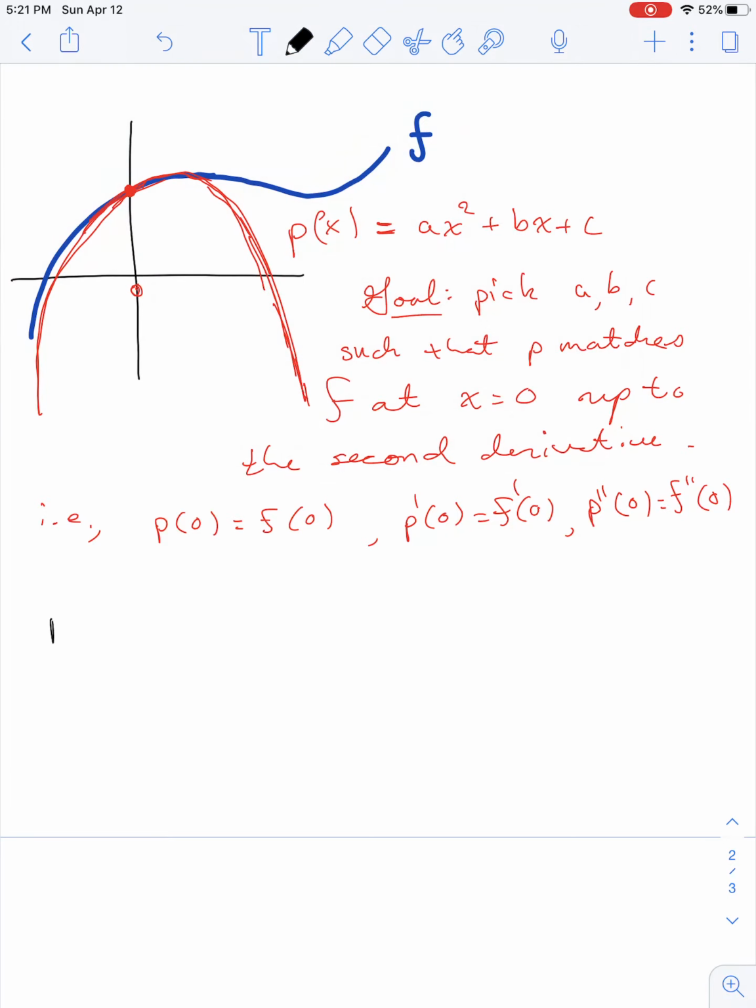So what should we do? We should say, well, p of 0, going back to the fact that p of x is ax squared plus bx plus c, p of 0 is exactly c.